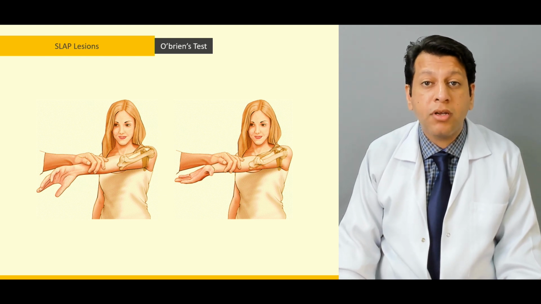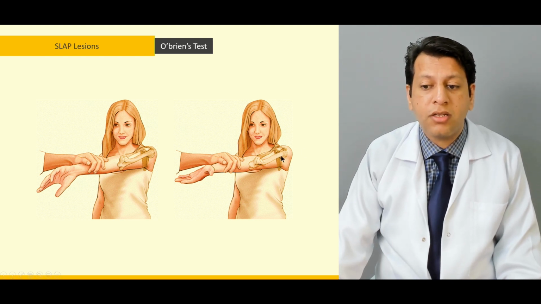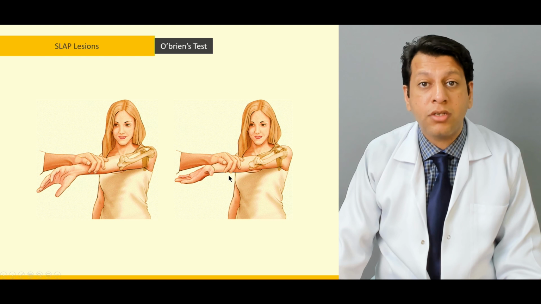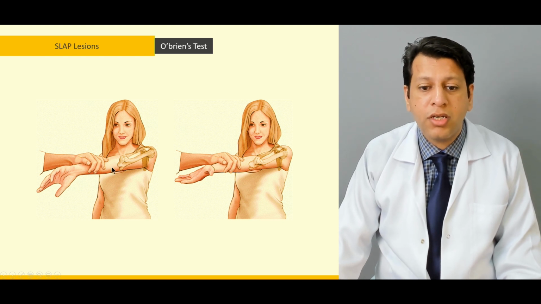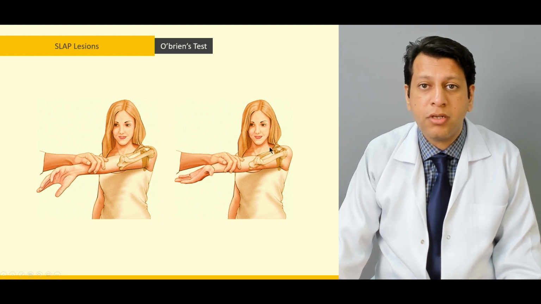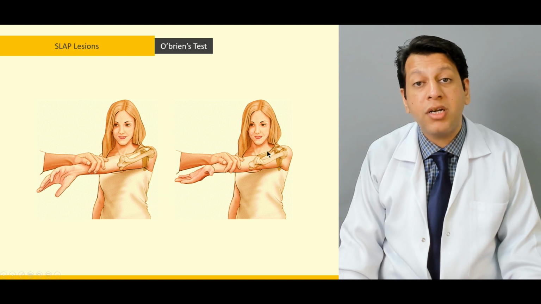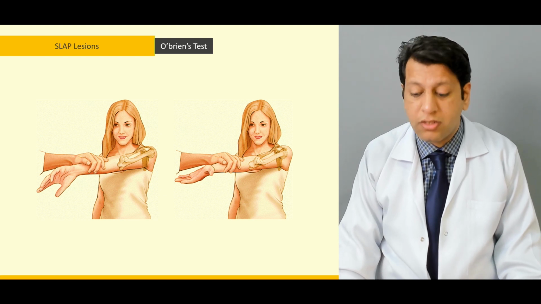Once the forearm is in maximum external rotation, with flexion at 90 degrees at the shoulder joint, you push it downwards and ask the patient to resist. If this resistance decreases the pain as compared to the previous test, or the pain disappears completely, then the O'Brien test is positive for SLAP lesions.